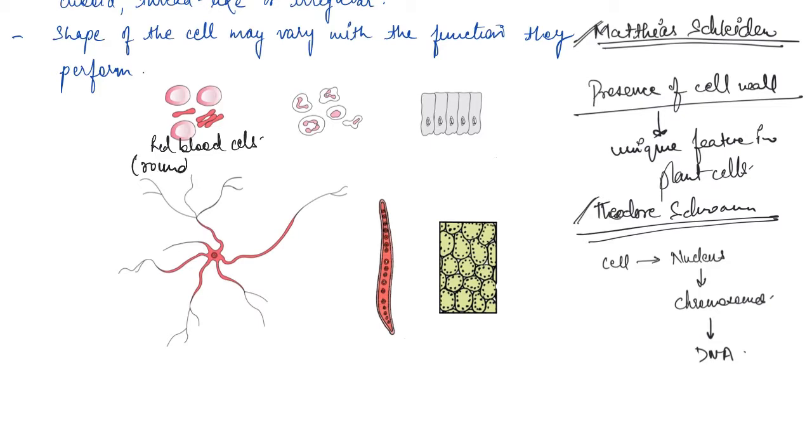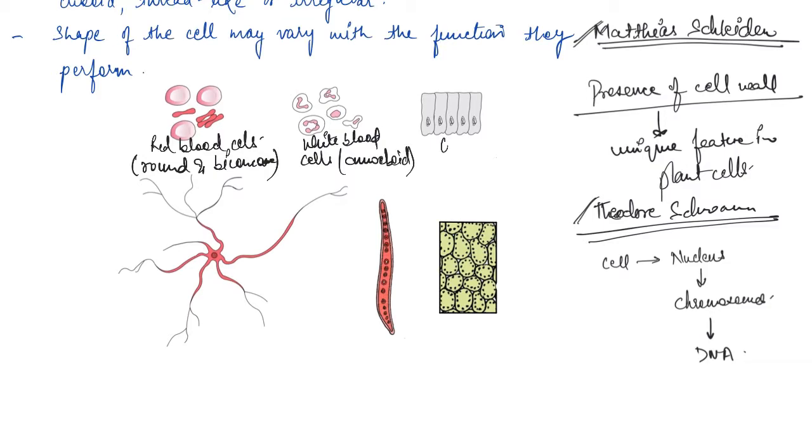They are round and biconcave, right? So these are RBCs. In the same way, we have white blood cells. These are white blood cells. They are amoeboid in shape, right?